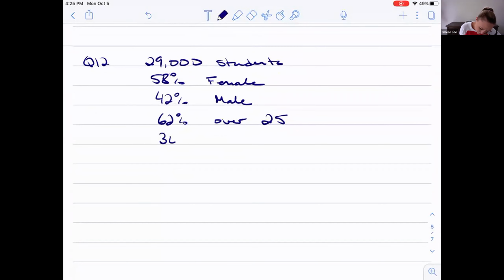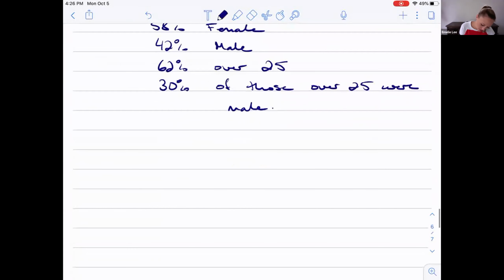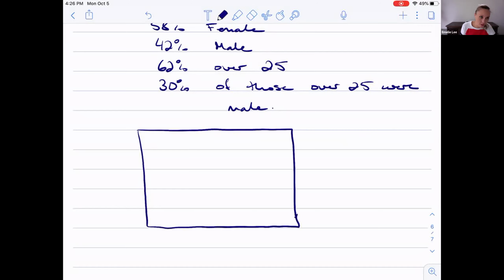If 30% of those over 25 were male. Okay. So then it gives you a nice Venn diagram that we'll use, but you could pretty easily make your own.